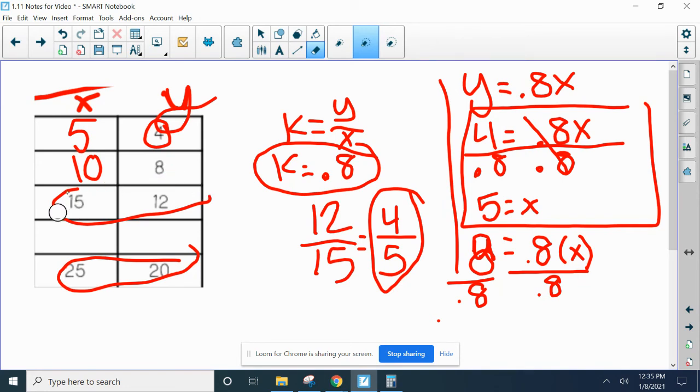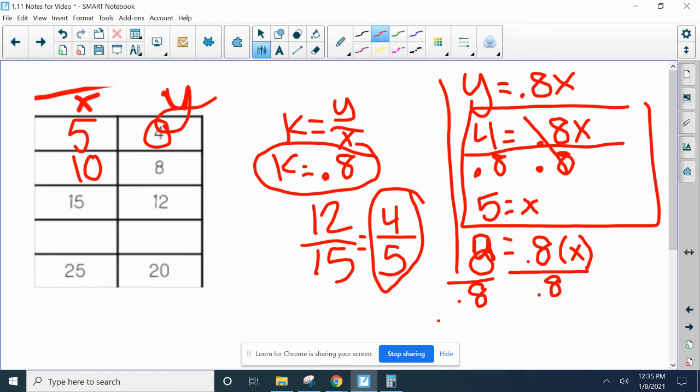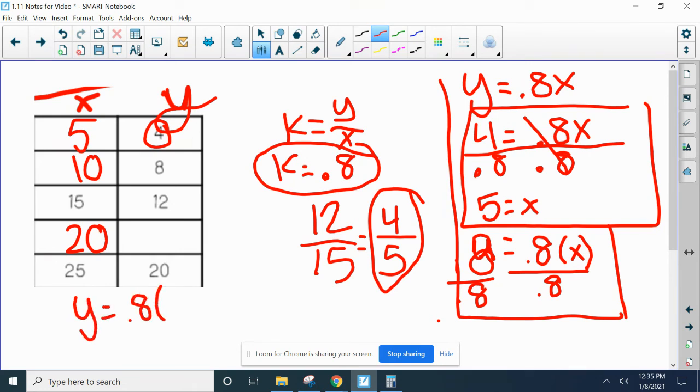And I know that I can do all this in my head, but I want you guys to practice with a calculator so you know how to find these. All right, so 5, 10, 15. If I had to guess, these count by 5s. All right, so 20. Now we can go ahead and figure out our last one, but this time we're going to plug in our x. So y equals that constant of proportionality times 20.